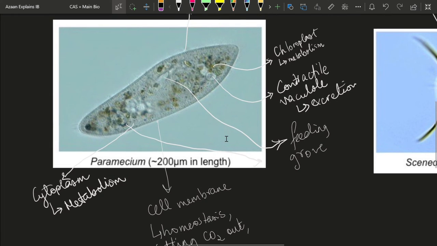And what you'll notice here, and these are different between drawings, is this sort of groove in the images. These grooves refer to feeding grooves, and they are important for nutrition.